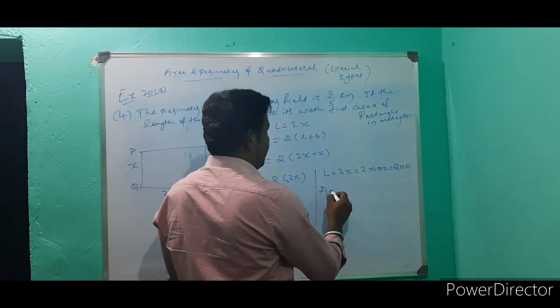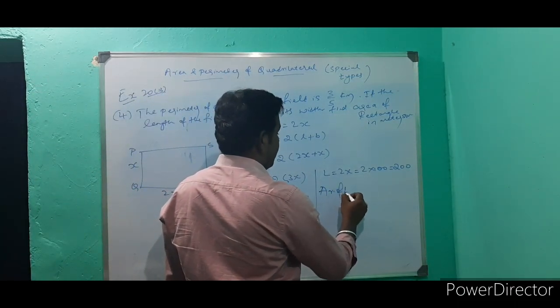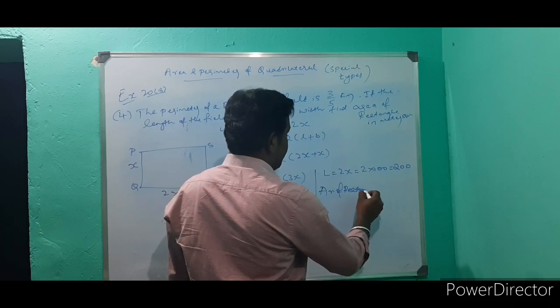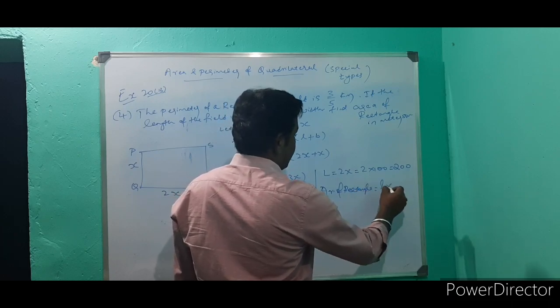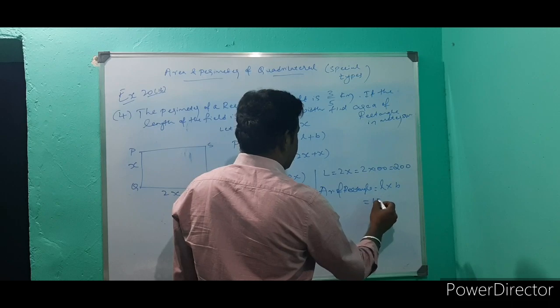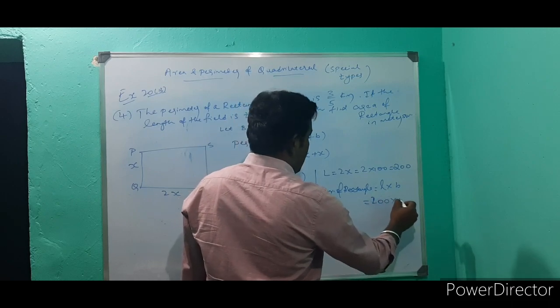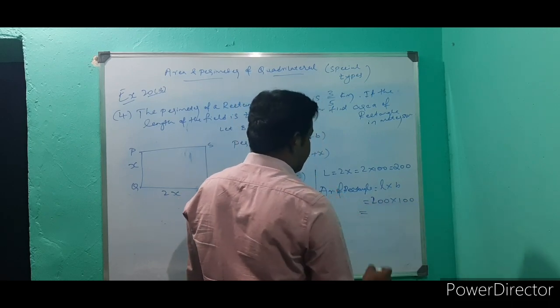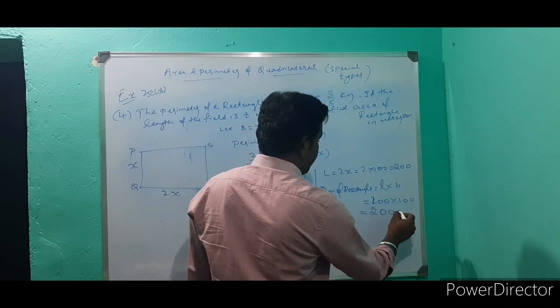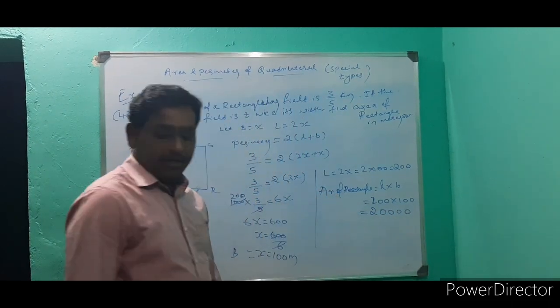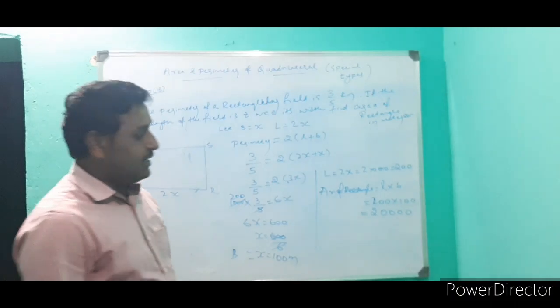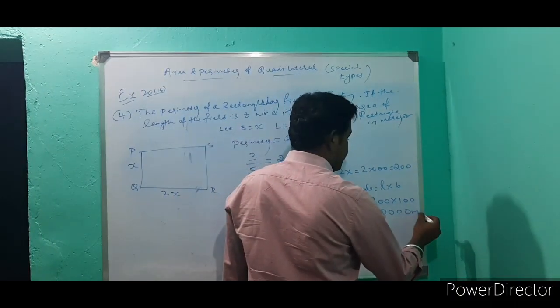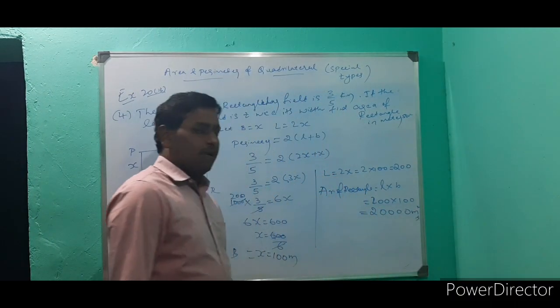So area of rectangle is equal to length into breadth. Length is 200, breadth is 100, means 20,000 meter square.